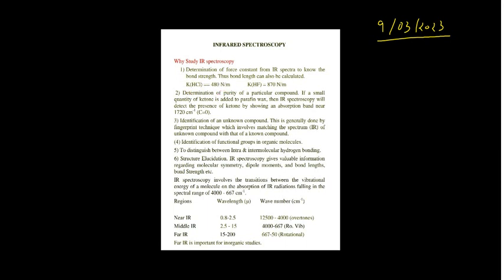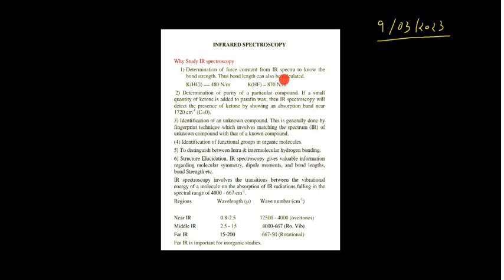Similarly, for hydrogen fluoride the force constant is 870 Newton per meter. And it is quite obvious because hydrogen fluoride is the more polar one. Fluorine is the most electronegative element, very highly electronegative compared to chlorine, so its bond strength is quite high, and definitely its force constant would also be high.